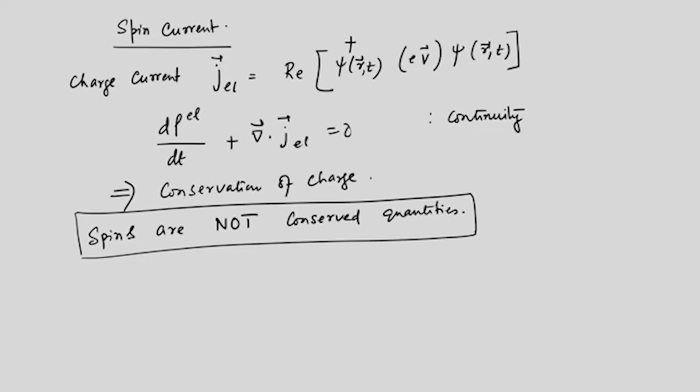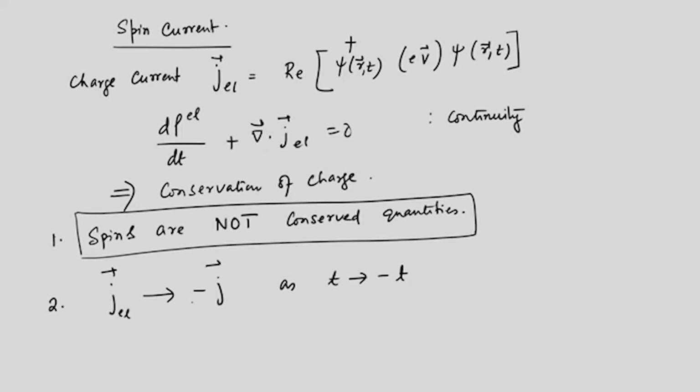And not only that, there is another property which is distinct for the spin current as compared to the charge current, which is that the charge current changes sign under time reversal. That is, as time is reversed, so J goes to minus J as t goes to minus t, and the reason is that J is equal to, say, e into v velocity, and velocity changes sign under the time reversal operation.